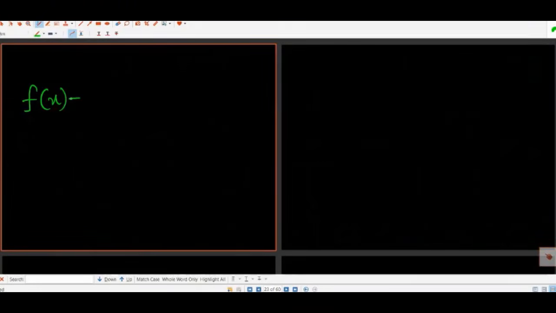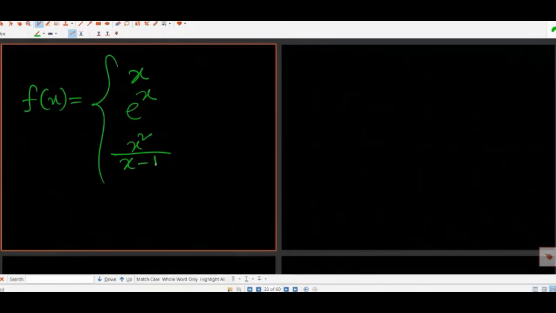Suppose we have f of x equal to x, and then we may have e power x, we may have, let's say, x squared over x negative 1. This time we have some restrictions.